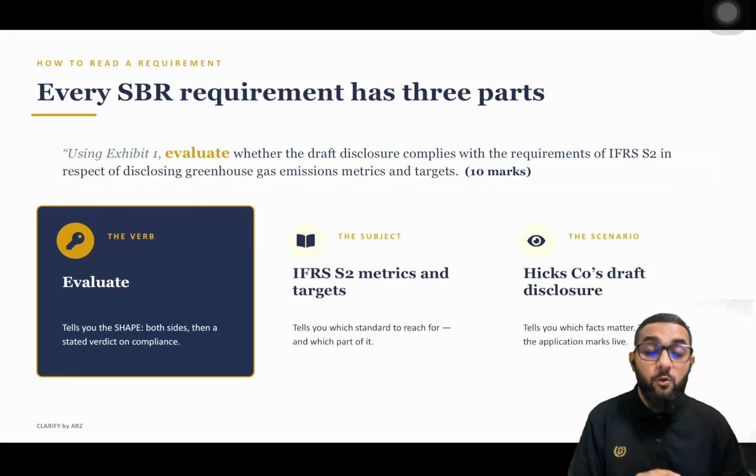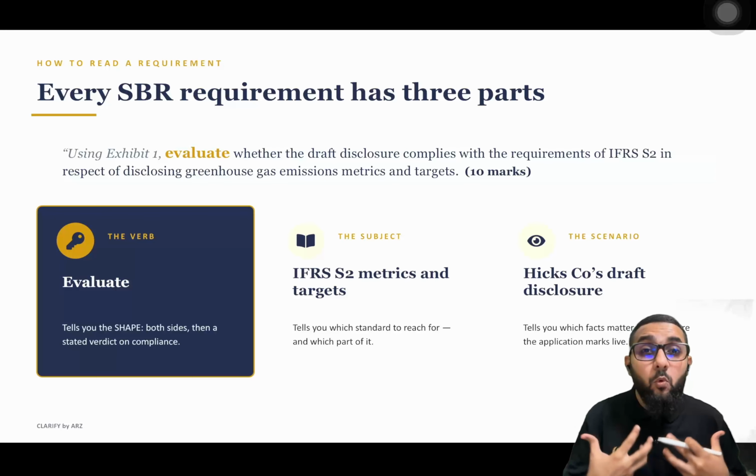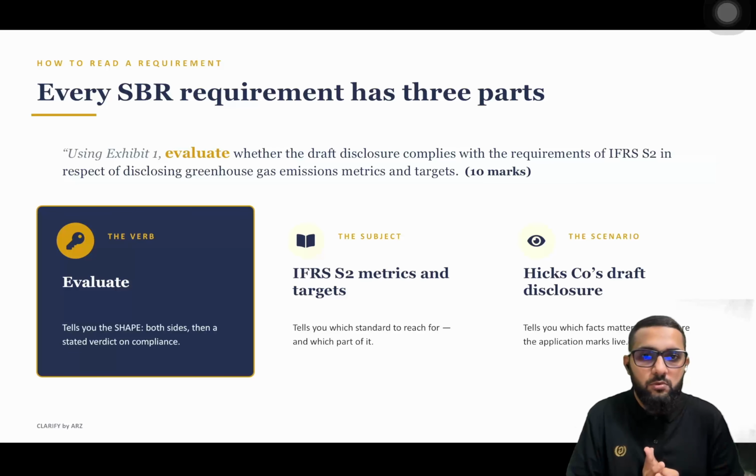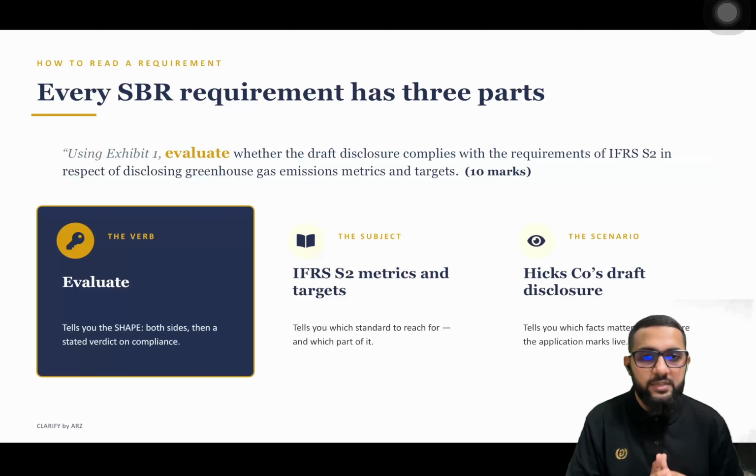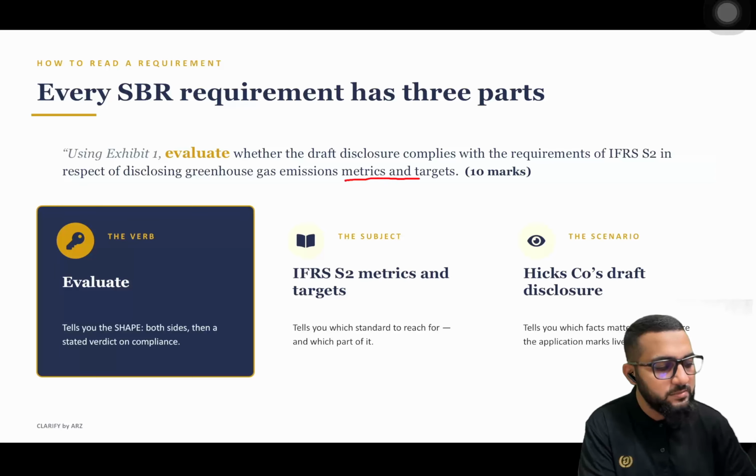Then the subject. What do they want you to focus on, or what does the requirement want you to specifically work towards? In this case, the subject is IFRS S2's metrics and targets.